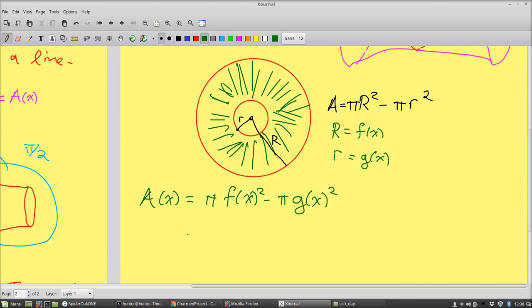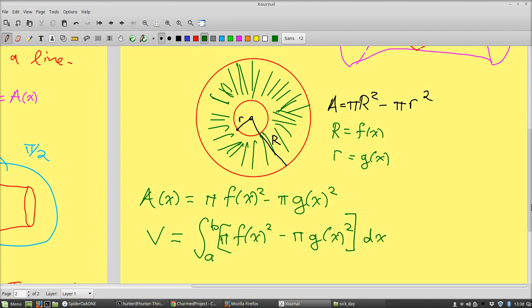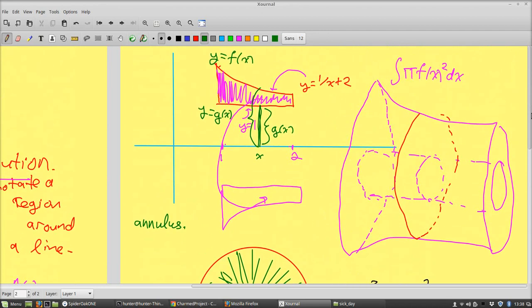And so if I want the volume that comes from this kind of solid of revolution, then it's just the integral from a to b of pi f of x squared minus pi g of x squared dx.